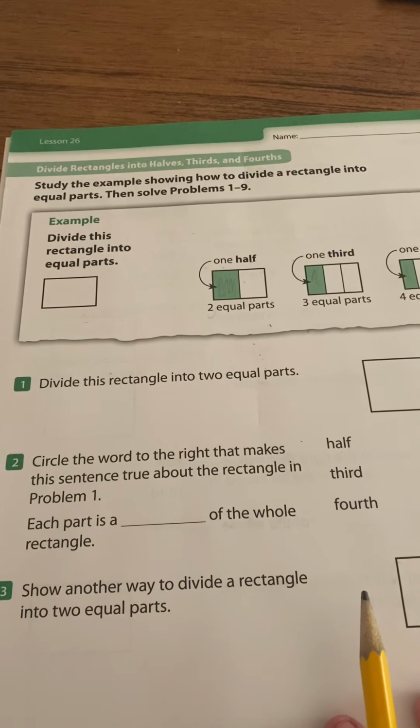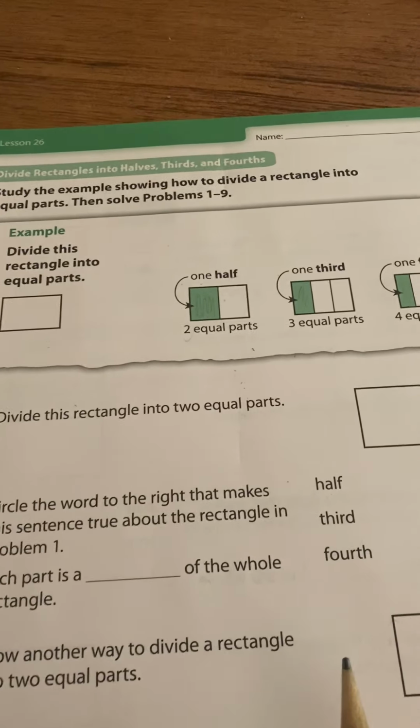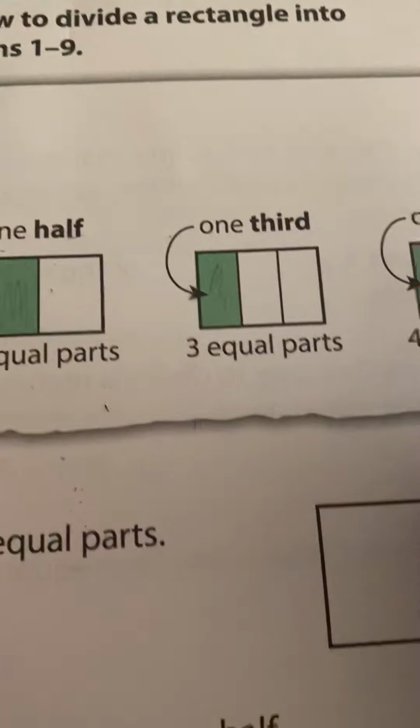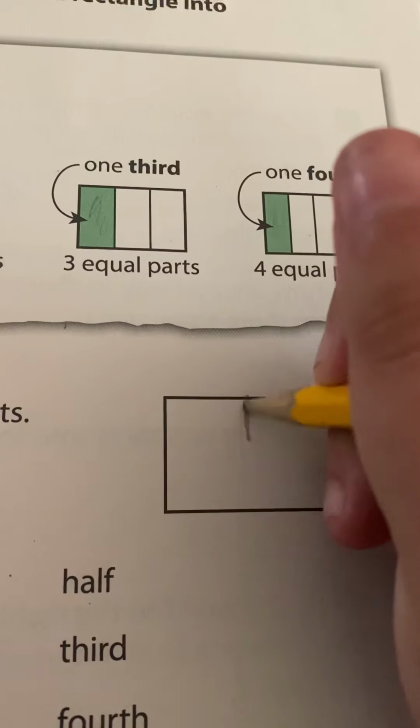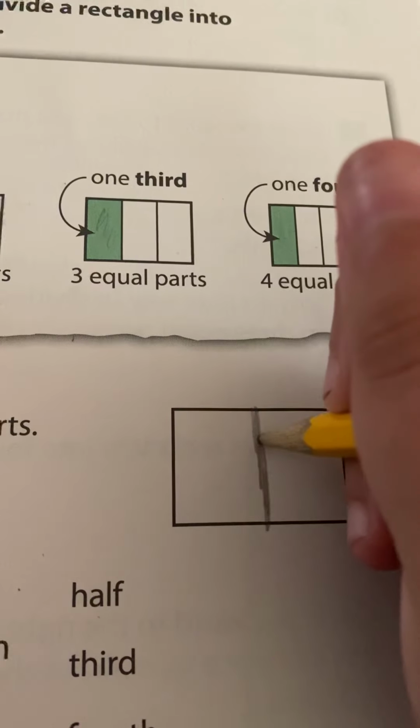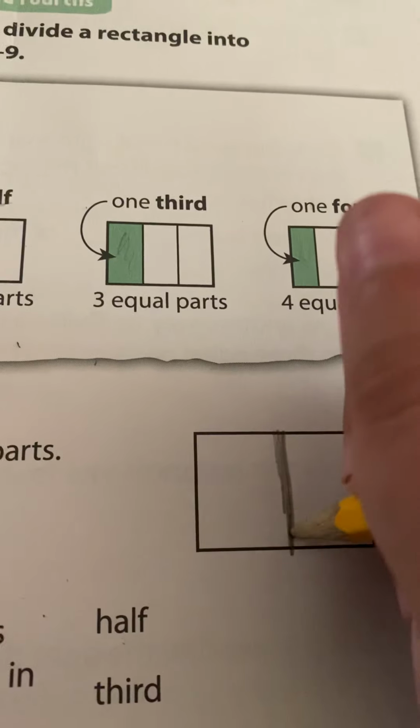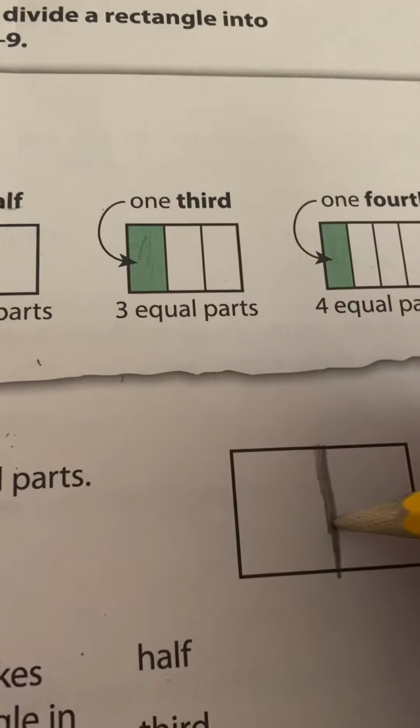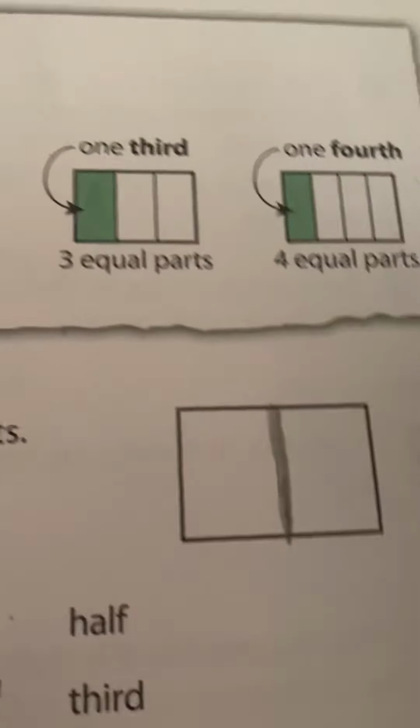So it says, number 1, divide this rectangle into 2 equal parts. I've got to make sure it's equal. I'm going to do the best I can on here to make it equal.